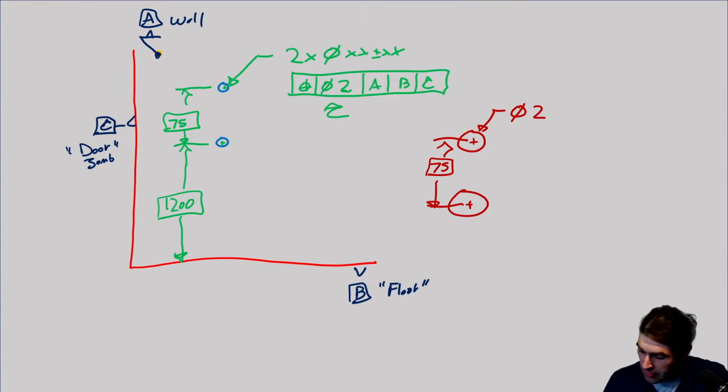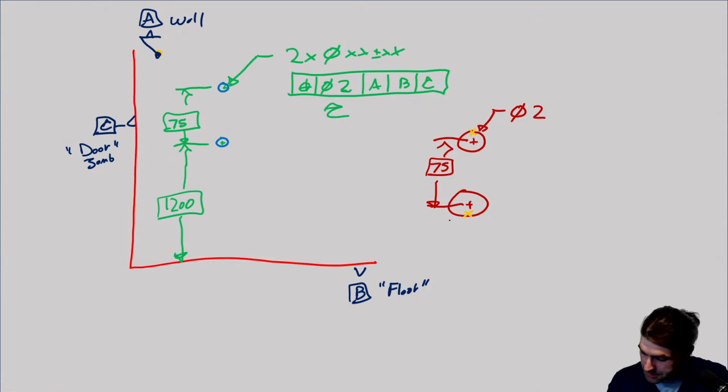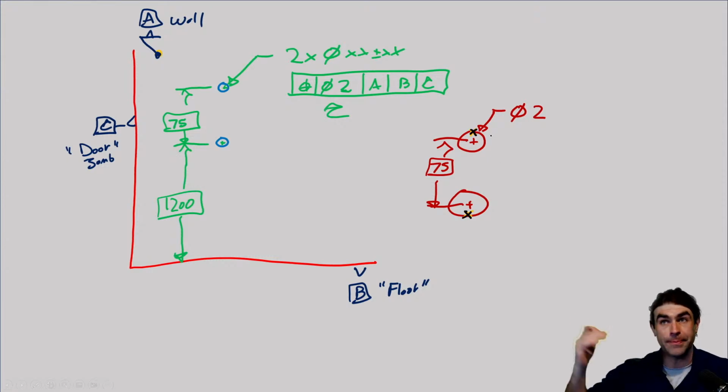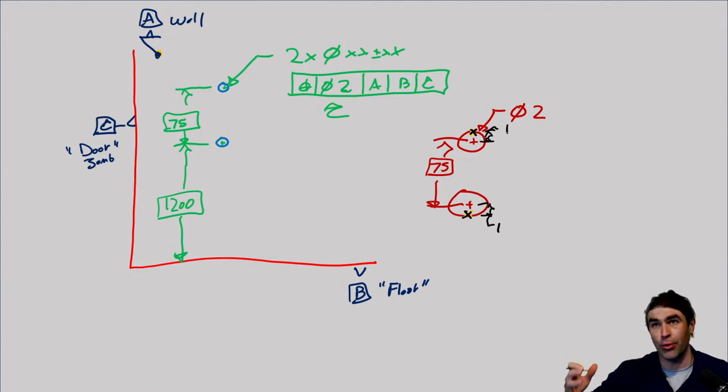What we're saying here is that the axis of each hole can be up to 75 plus 2 millimeters away from each other. So 75, here's 1 millimeter, and here's 1 millimeter. That's a total distance they can be apart.